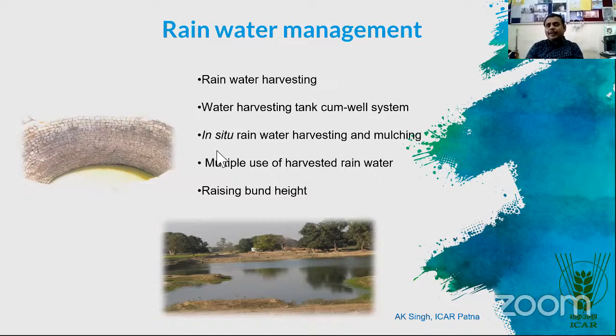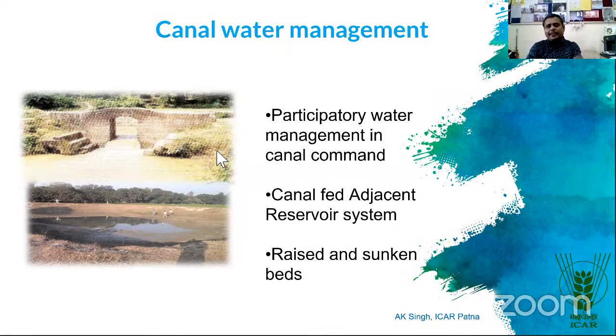In case of water management in canal fed areas, you can see the head end and the tail end. One crop is wasted due to high moisture, the other due to lack of moisture. So participatory water management in canal fed area is crucial for improving water productivity and land productivity.